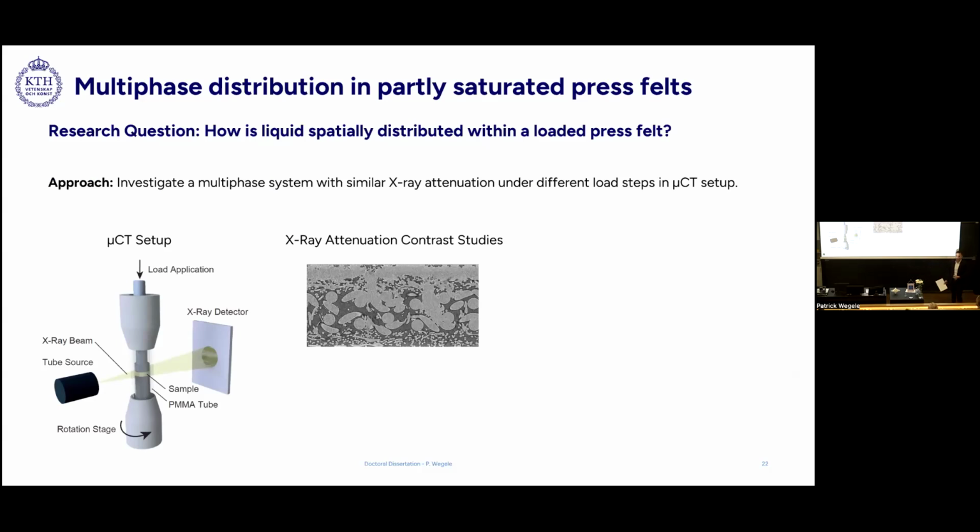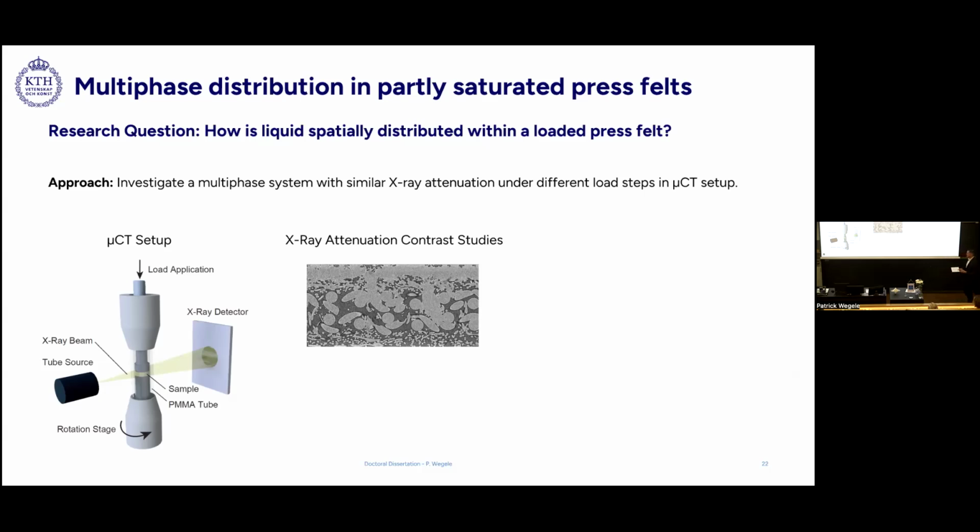So what you see is basically a grayscale picture. You see fibers, you see air, you predict that there is water, but you cannot distinguish between the individual phases. The reason is that we have more or less identical X-ray attenuation coefficients for water and polyamide 6 fibers.